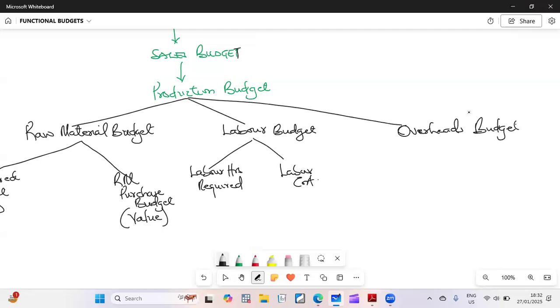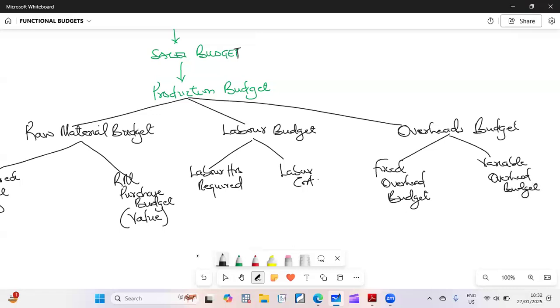All right, so we will need the fixed overheads budget, and we will need the variable overhead budget. So these are the budgets we need to prepare.